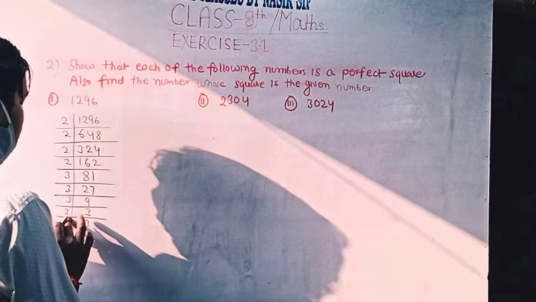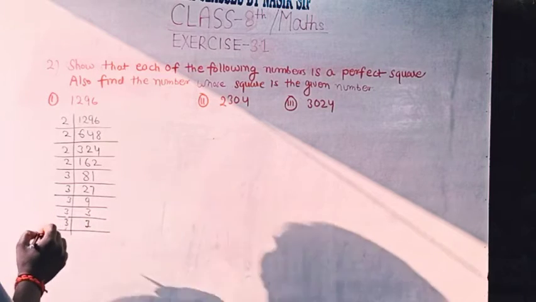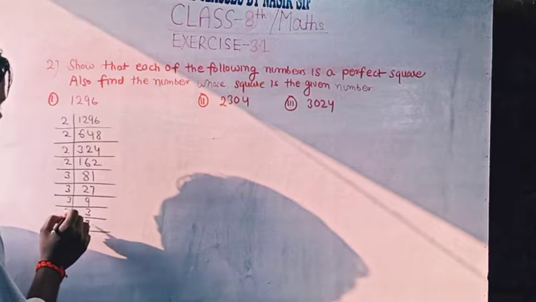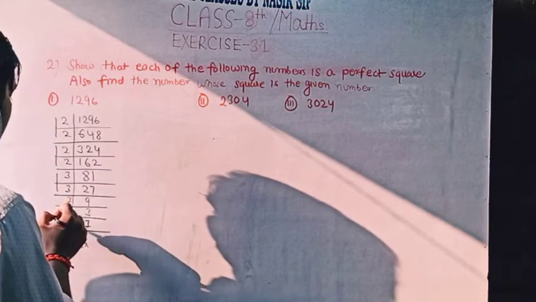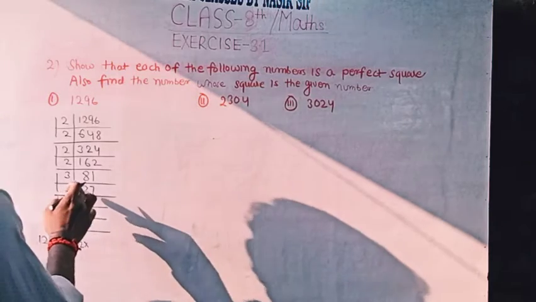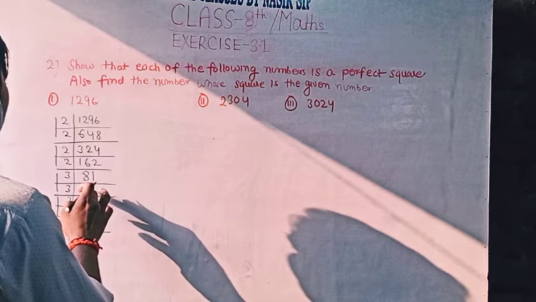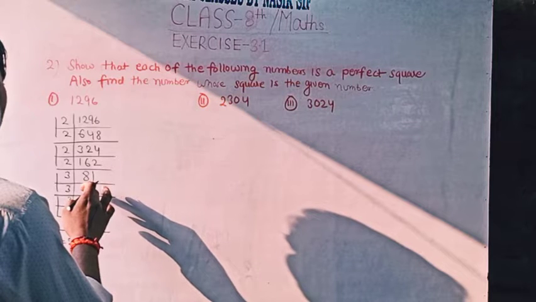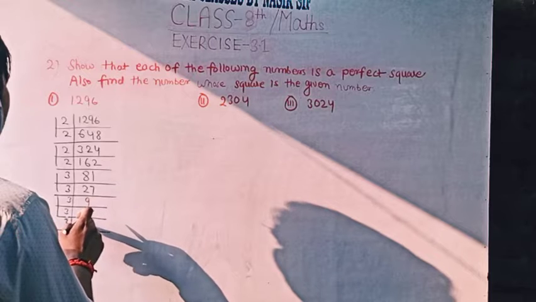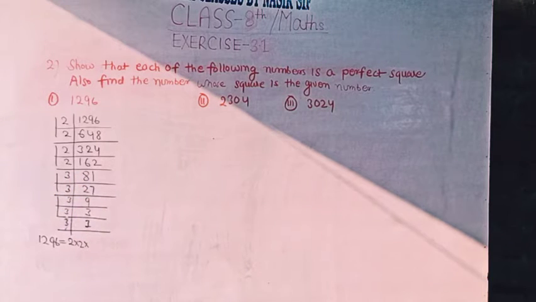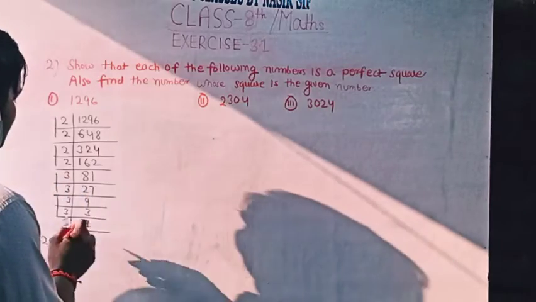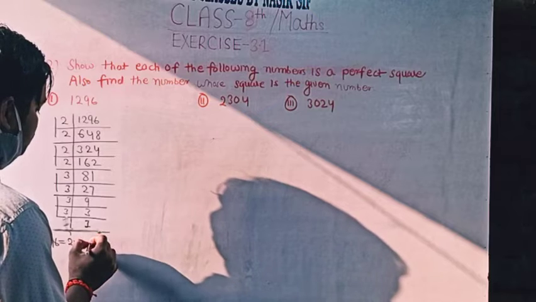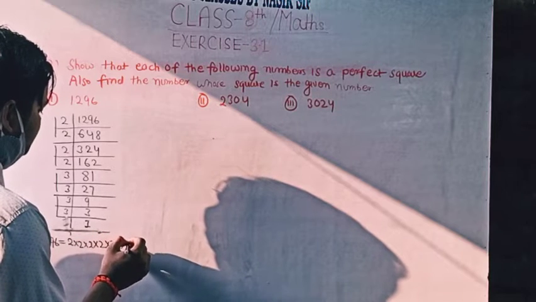This is 3, 1 ja 3. So 1296 is expressed as the product of 2 into 2 into 2 into 2, 3 into 3 into 3 into 3.